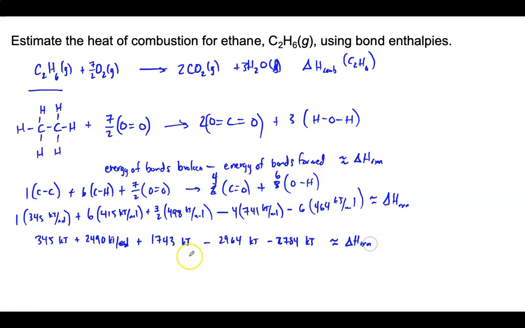We'll see how approximate it is. So putting these all together, 345 plus 2490 plus 1743 minus 2964 minus 2784.